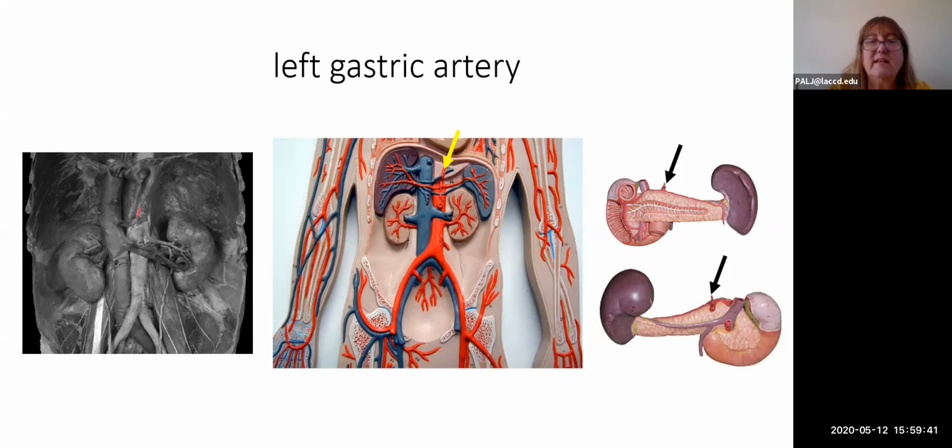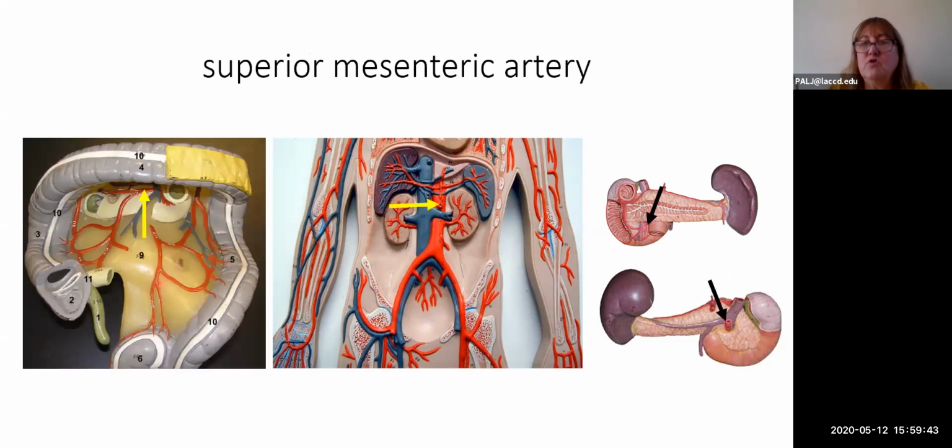That next blood vessel is called the superior mesenteric artery. The pictures on the side I'll explain when we get to those parts of the digestive system. The superior mesenteric artery is smack dab in the middle because it is going to send branches to all of the small intestines, both on the right side and the left side of the abdomen.